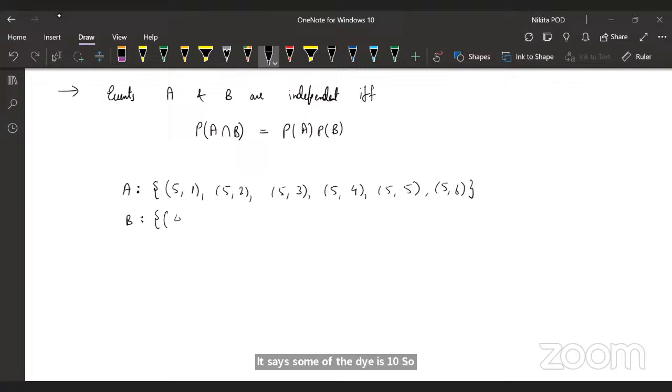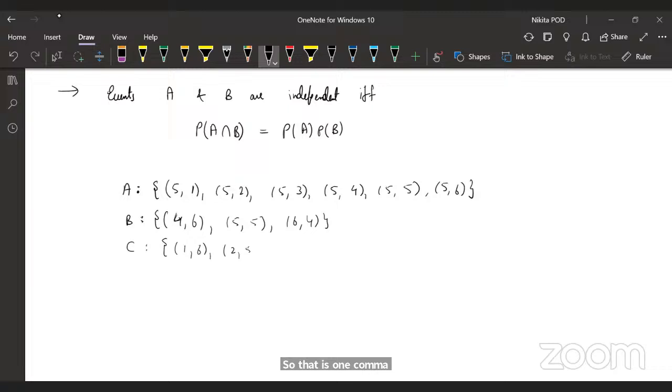So that can be 4,6, 5,5, and 6,4, right? And event C says the sum is 7. So that is 1,6, 2,5, 3,4, 4,3, 5,2, 6,1, right? Fine. Okay, ma'am.